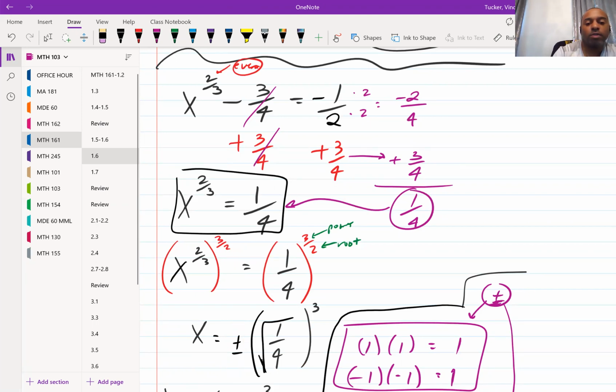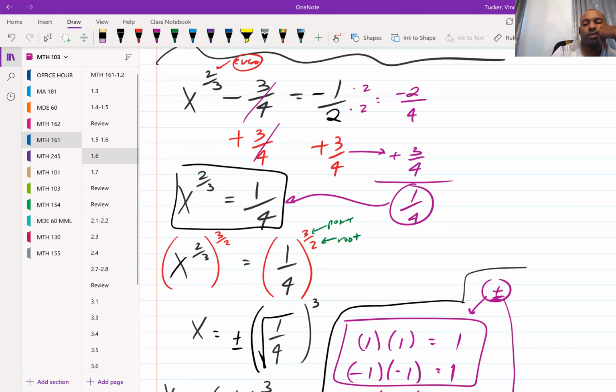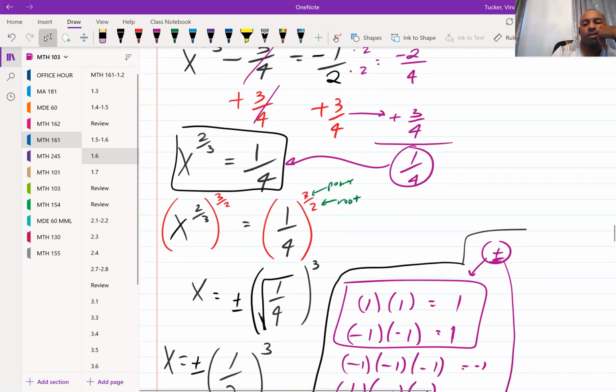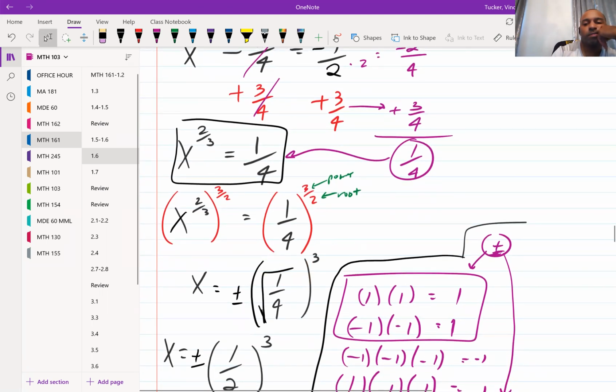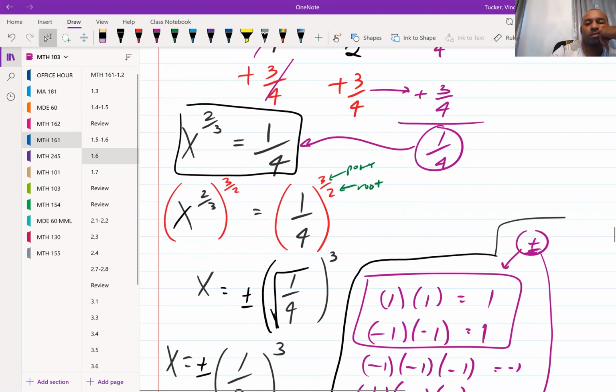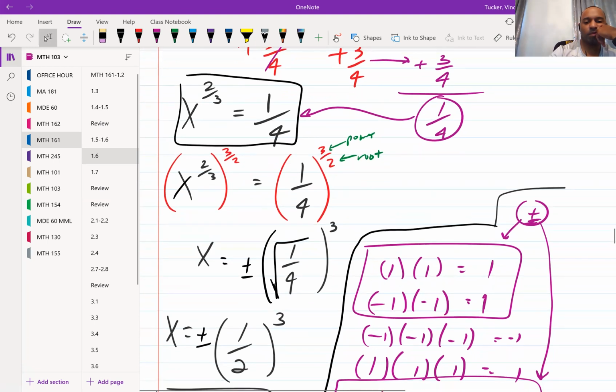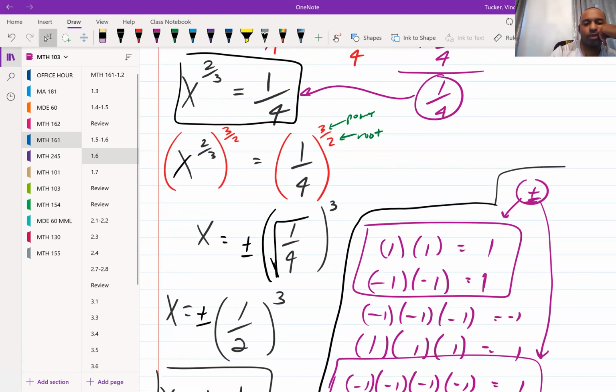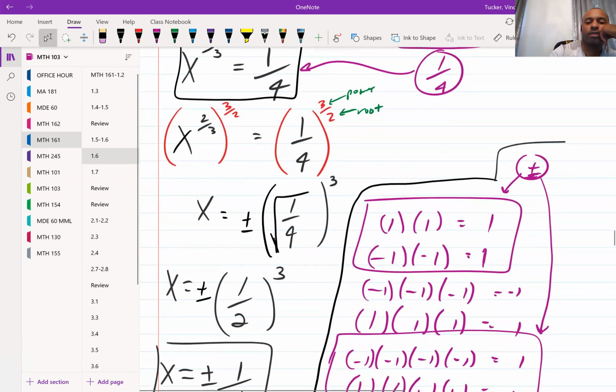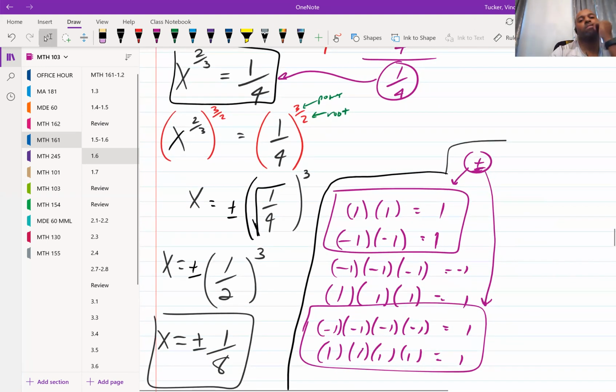This is going to give us two solutions. So we do plus or minus the square root of 1/4 cubed. Square root of 1/4 is 1/2. Cubing 1/2 is 1/8. So we got plus or minus 1/8.